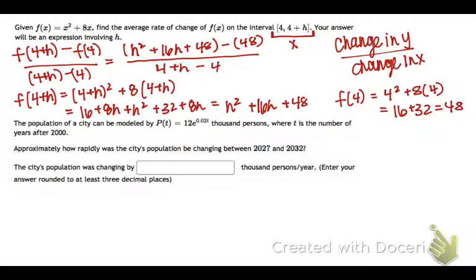So there's some things here that are going to cancel out, right? Like these 48s are gone, the 4s are gone, so I'm left with H squared plus 16H over H, which then these H's cancel, and my answer is H plus 16.